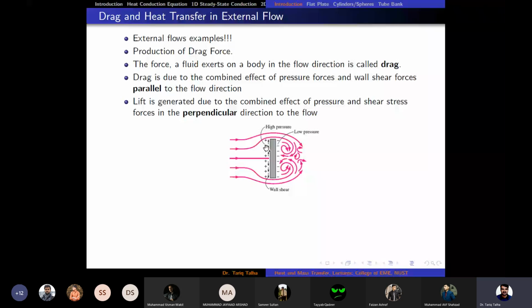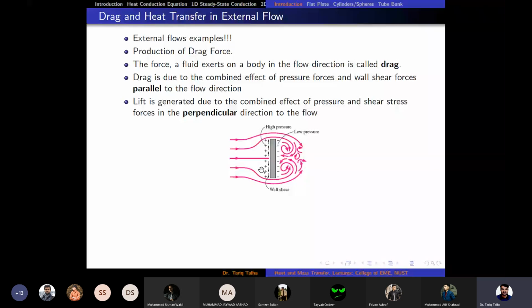Downstream of this vertical wall, we would have some area where there is flow separation, or a velocity which is different from the free stream velocity. That area is called the wake region. Wake, W-A-K-E.